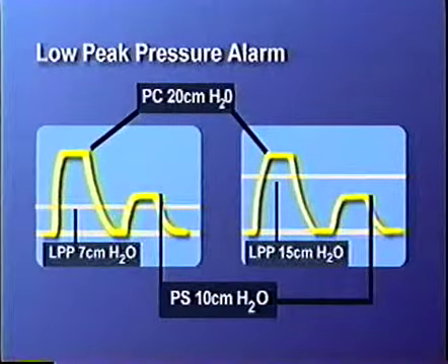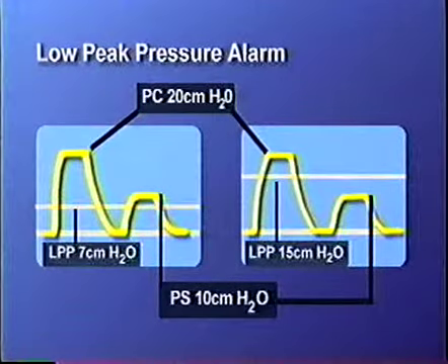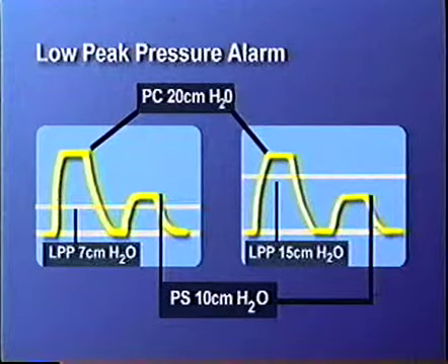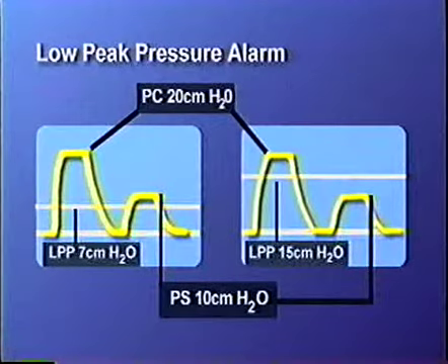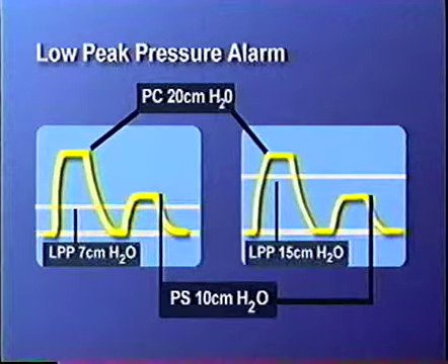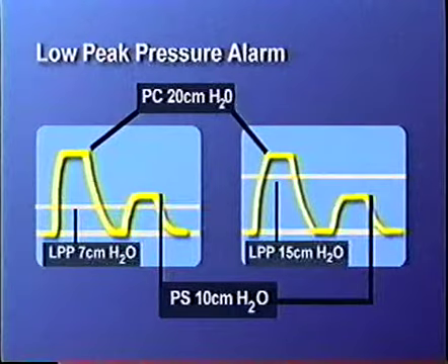Note that in the left example, the low peak pressure alarm is applied to all breaths. In this example, since the pressure support breaths are set to 10 centimeters of water pressure, the low peak pressure alarm had to be set less than 10 or it would alarm with each pressure support breath.